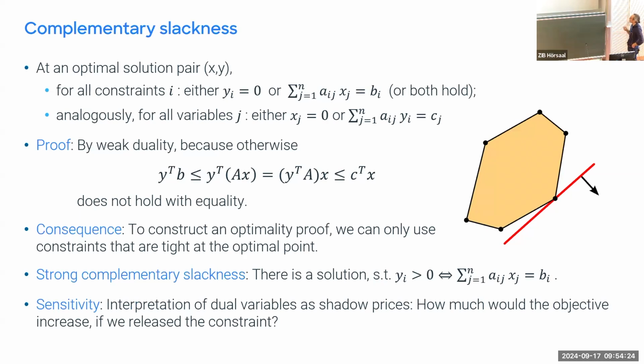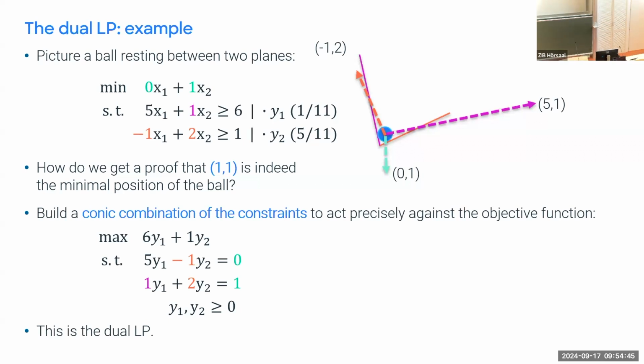Another thing, you can use dual information also for sensitivity analysis. So the dual variables have an interpretation as shadow prices. So in some sense, they tell you how much the objective function would change if you relaxed or tightened this constraint. And maybe let's look at this again here on this slide. So what does relaxing mean? So imagine that this violet line here would be relaxed. That would mean that the 6 would be decreased, right? Then the question of sensitivity analysis is how quickly would this ball move downwards?